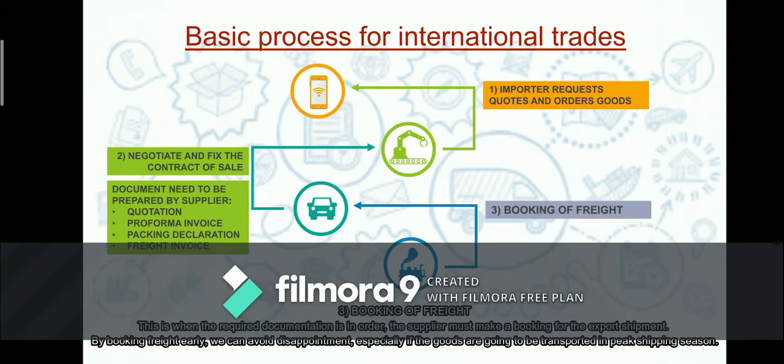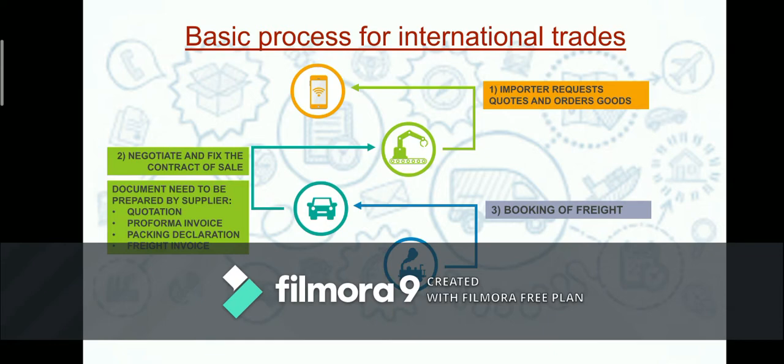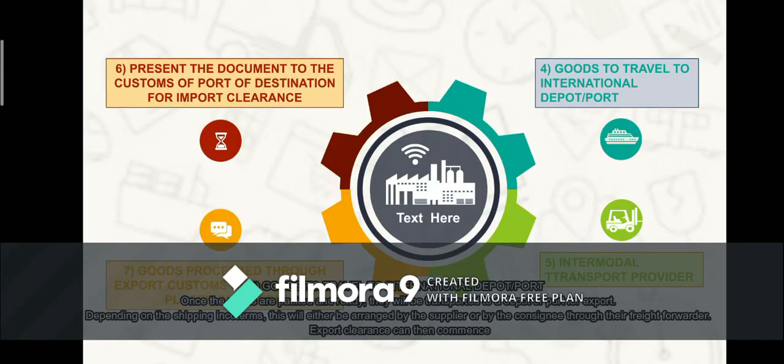Then we move to the third point, that is booking of freight. This is when the required documentation is in order. The supplier must make a booking for the export shipment. By booking freight early, we can avoid disappointment, especially if the goods are going to be transported in peak shipment season. The next point is goods travel to the international depot or port.